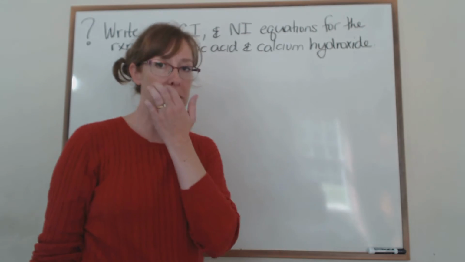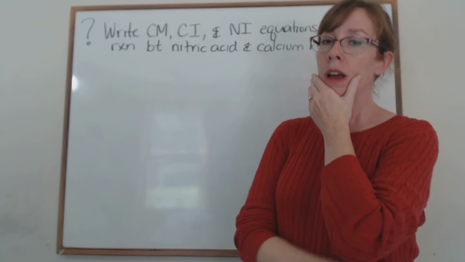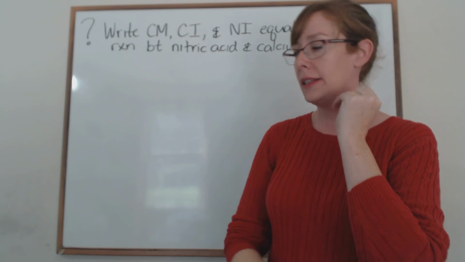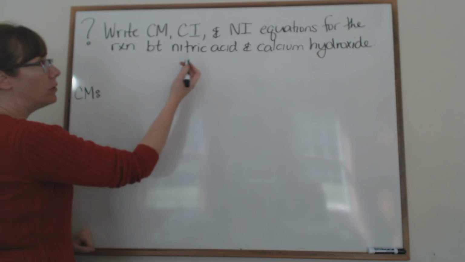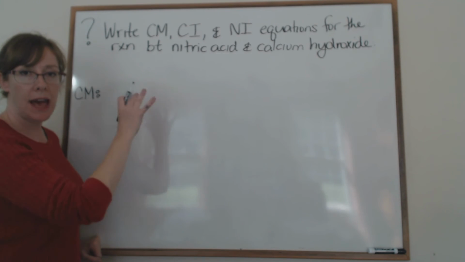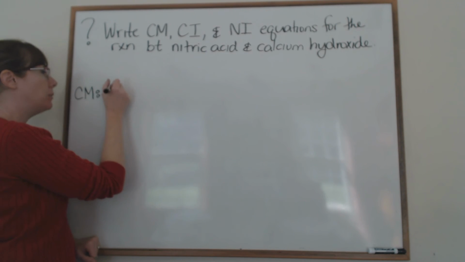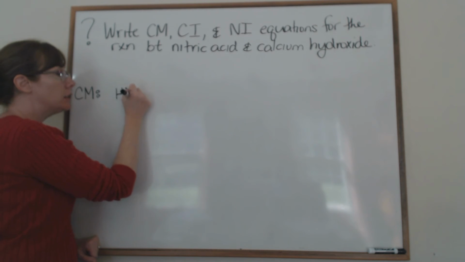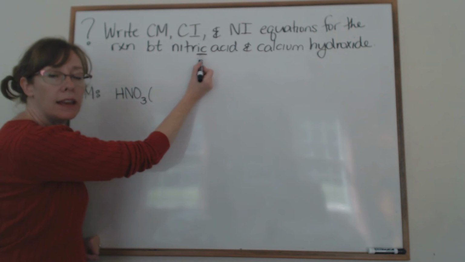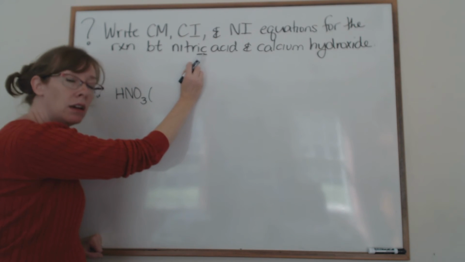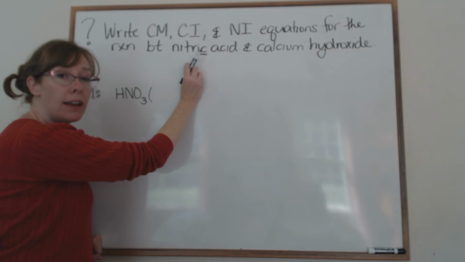All right, so let's start with the complete molecular. Obviously, those are the two reactants. The acid and the base are the reactants. So nitric acid, we need its chemical formula. It's one that we have memorized, but remember, if it ends in -ic it utilizes the -ate form of the polyatomic ion, so nitrate.